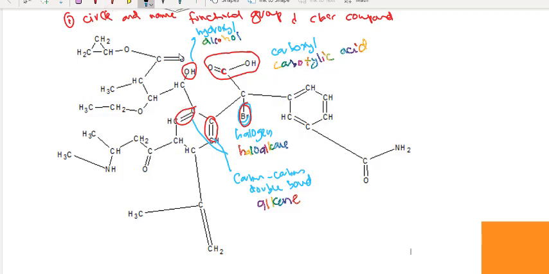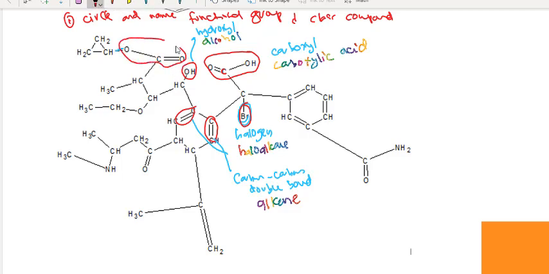So kita nampak C double bond O kan? But this C double bond O is directly bonded to O. Kalau C double bond O directly bonded to OH, nama dia carboxyl. But this one, C double bond O directly bonded to O, and this O is bonded to another carbon C. Okay, so ni satu package.